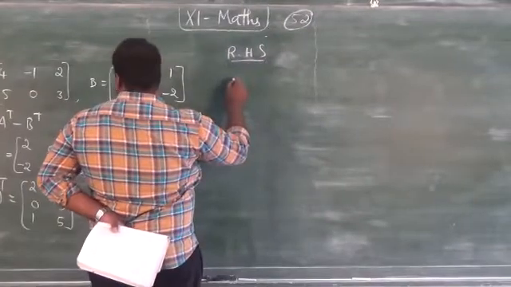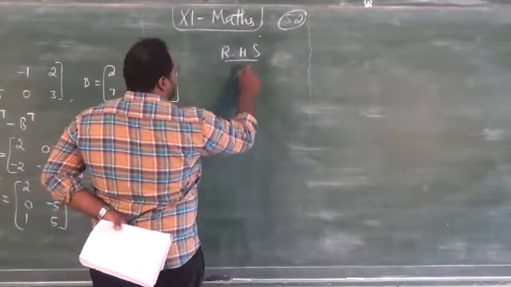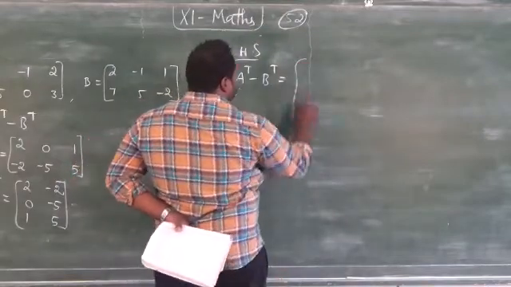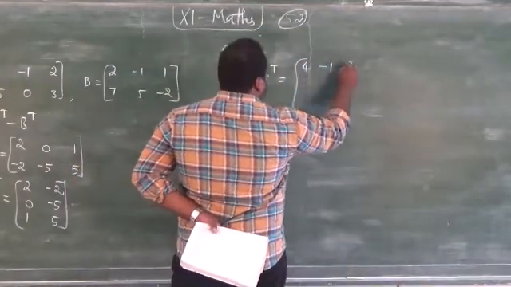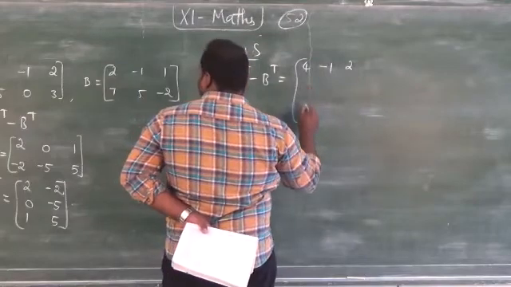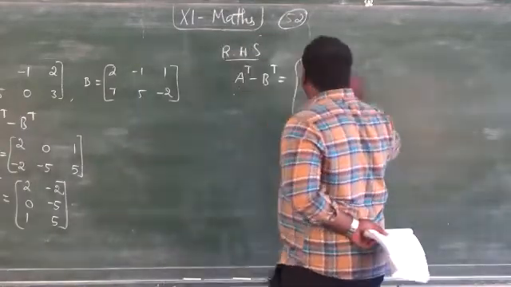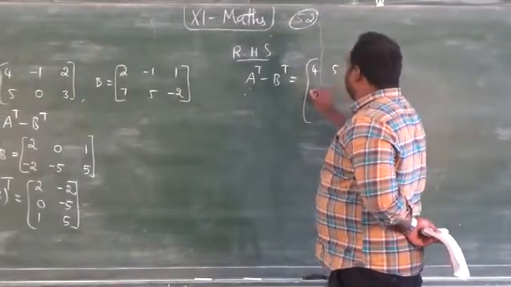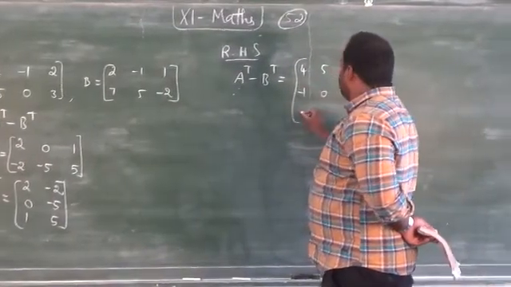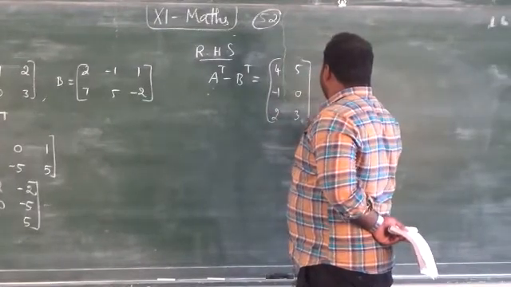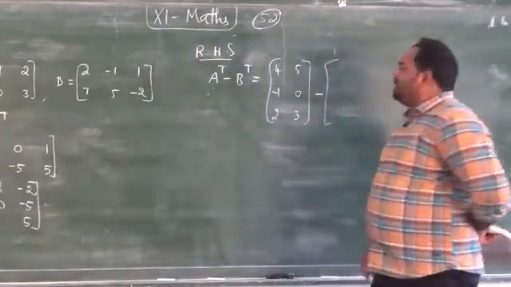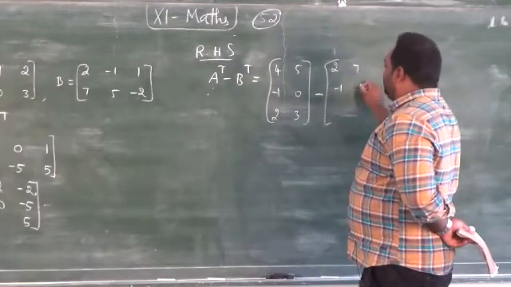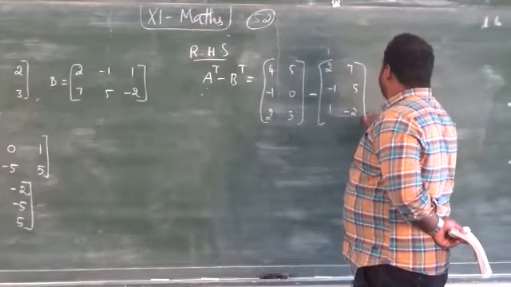RHS is A transpose minus B transpose. A transpose is 4, 5, minus 1, 0, 2, 3, minus B transpose 2, 7, minus 1, 5, 1, minus 2.